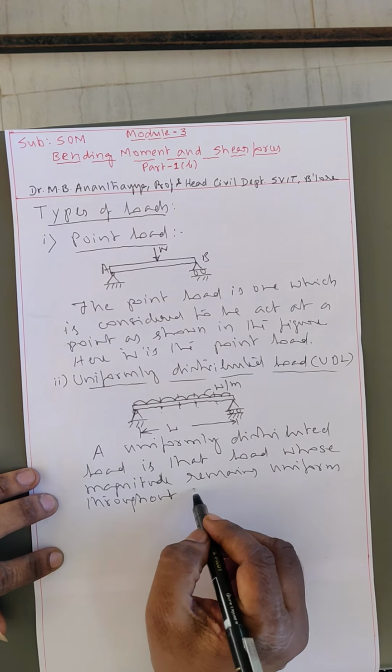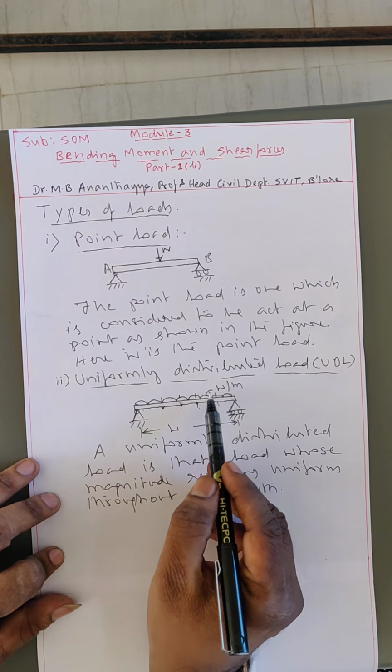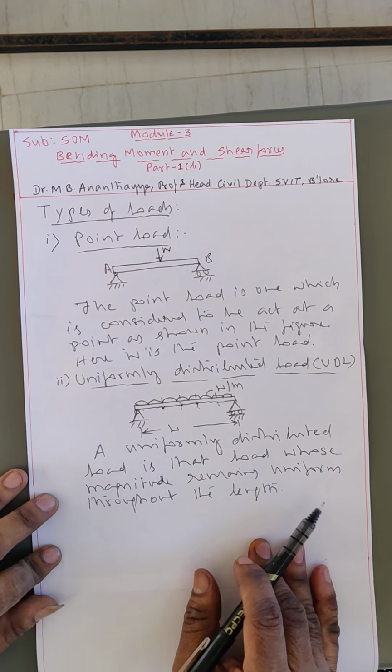In this figure, the intensity for each meter length is W, that is W per meter.